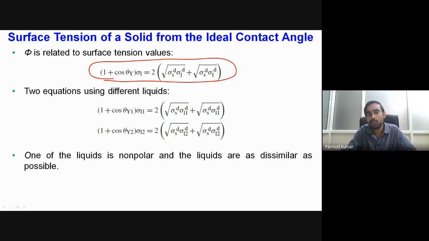We find 1 plus cos theta Y times sigma L is equal to phi, and for phi we consider 2 times the square root of sigma S d times sigma L d. This represents the dispersive component of the surface tension, and we have neglected the surrounding fluid, which is air.